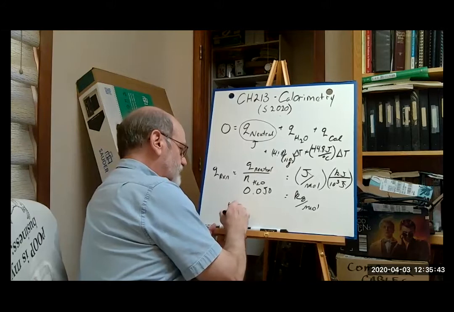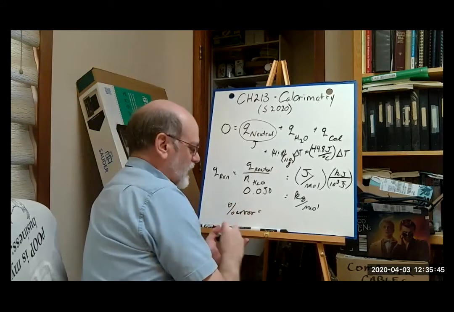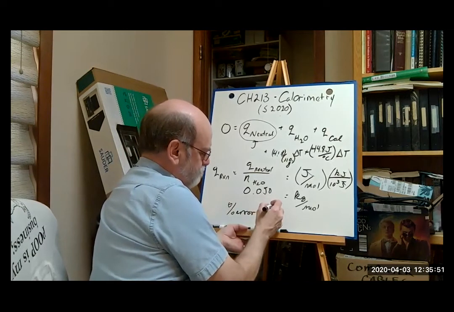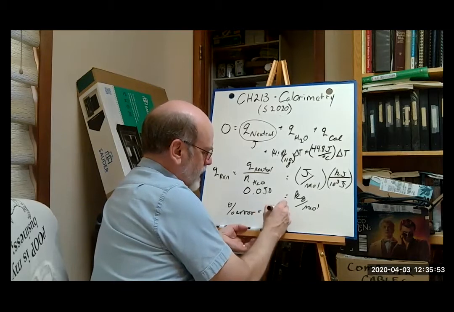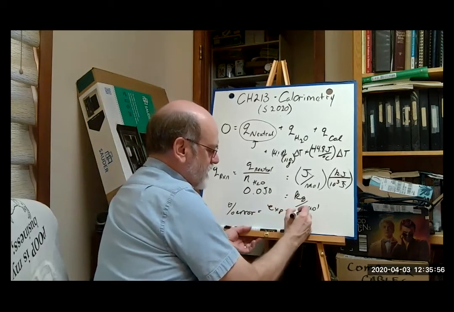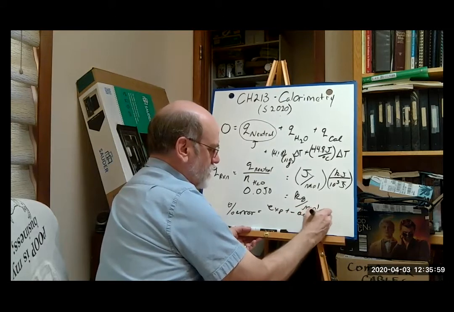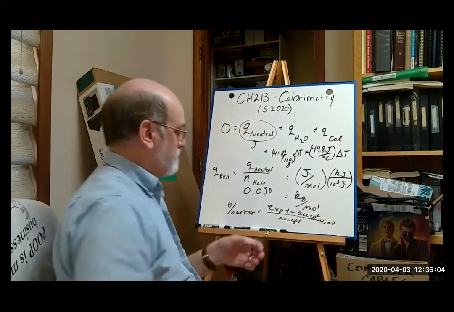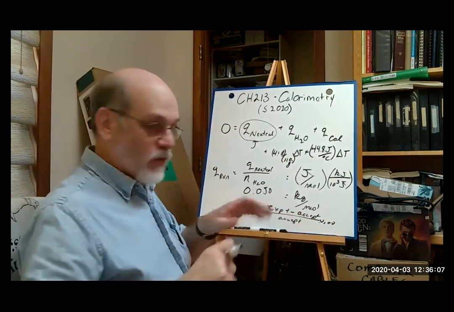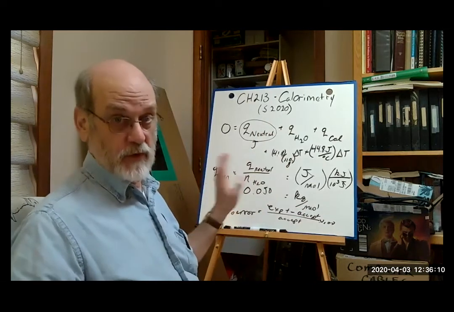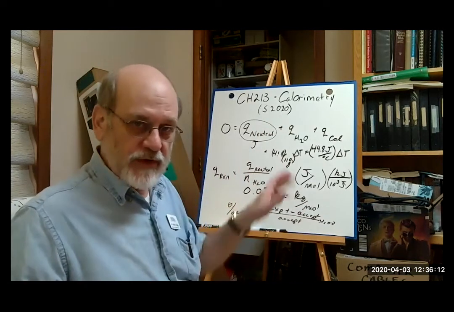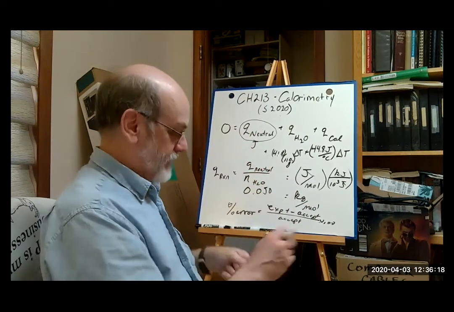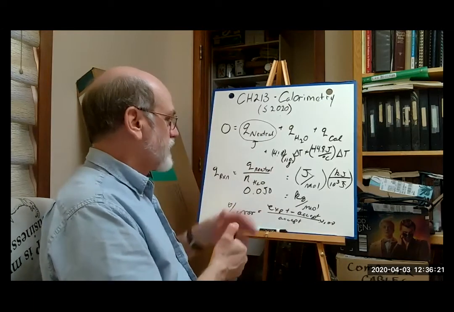So remember, percent error is equal to the experimental value minus the accepted, divided by the accepted, times 100. Okay? And then you get your percent error. And that will go into your report, just as all these calculations will go into your report. Even though we're not doing this hands-on, you're still responsible for the formal report. Okay? All right, so that's the neutralization reaction.